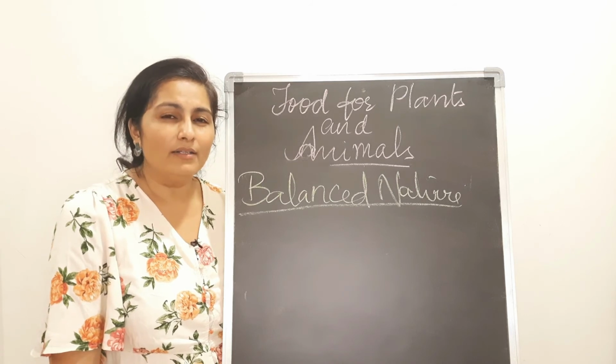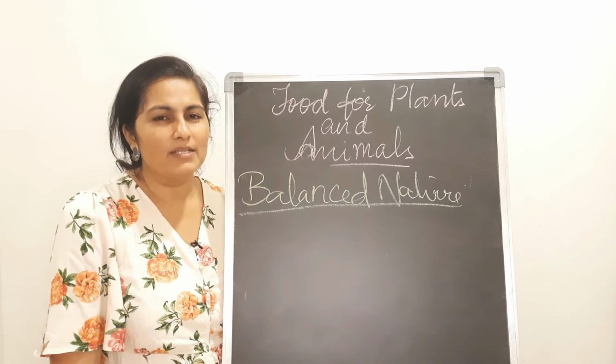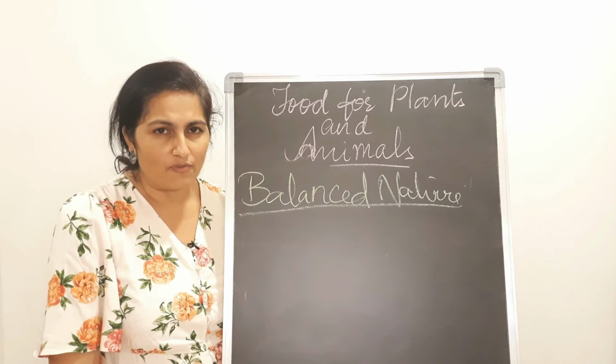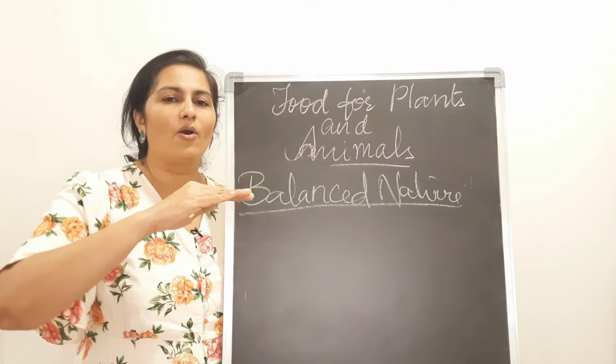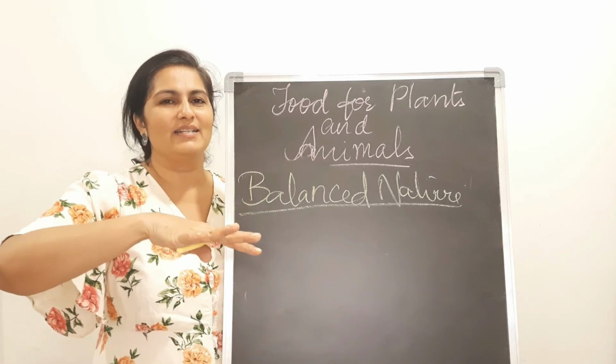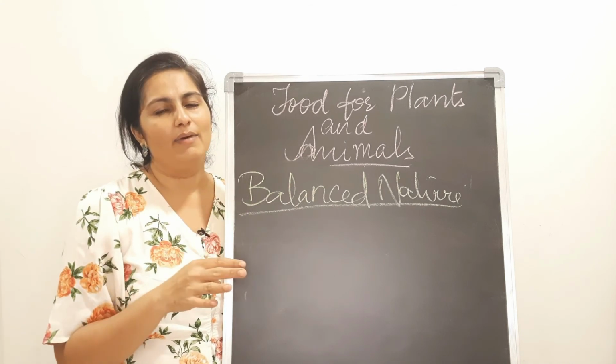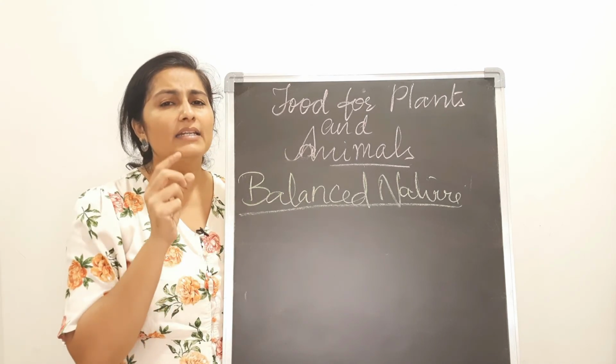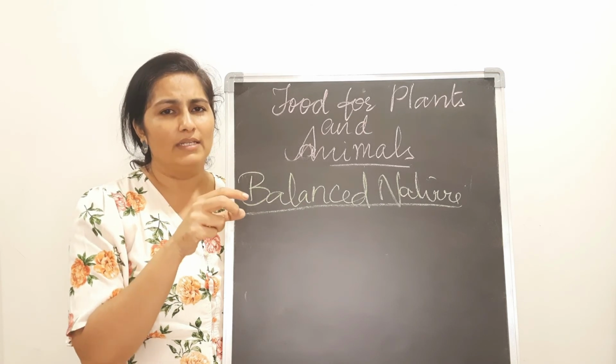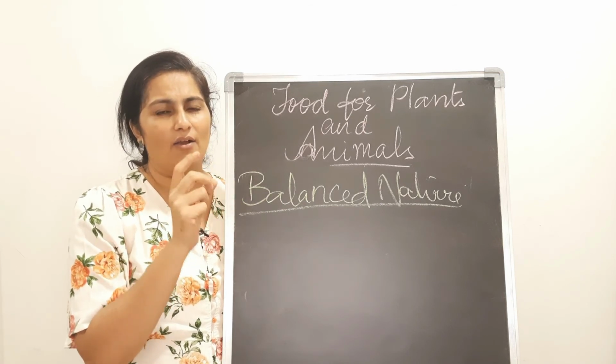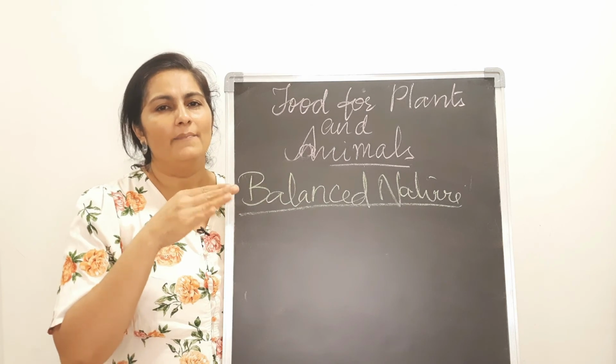So when all these food chains, food webs and all the things that we learned so far are working like clockwork, like a default system, then there is balance in nature. If there is a slight problem in any of the food chains, okay, then there is an imbalance.